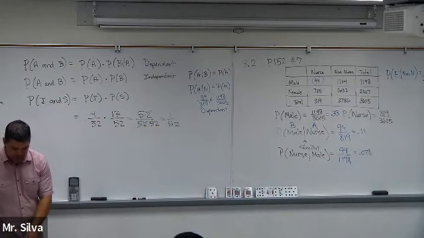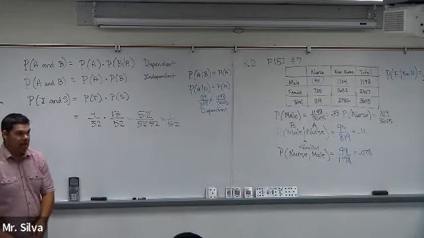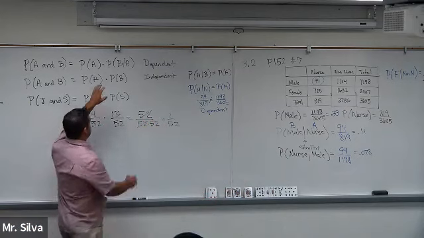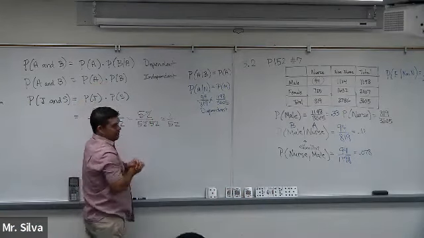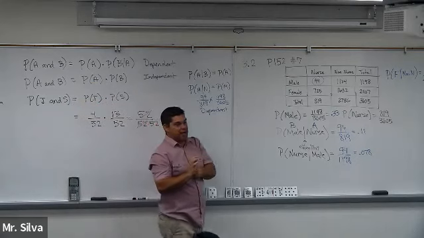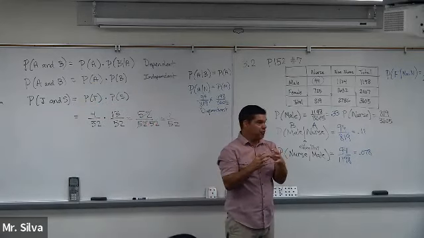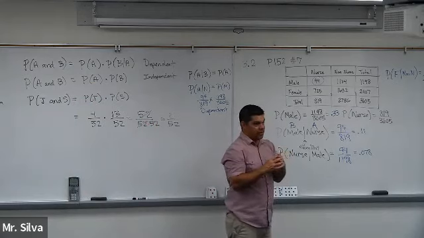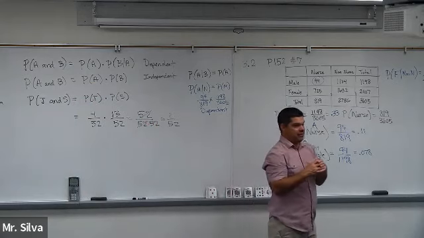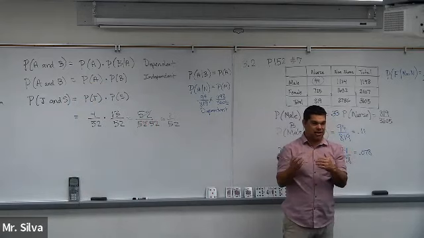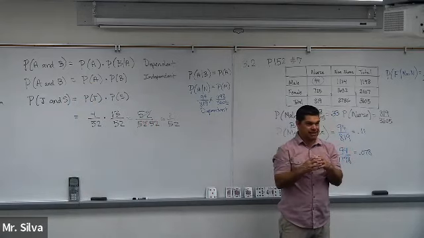So that's using a similar idea, the multiplication rule. But the multiplication rule sometimes depends on whether the events are independent or dependent. I'm going to tell you how you know. If you're given a fixed sample size, the probabilities are going to be dependent. That means probabilities will change if your sample size is fixed.